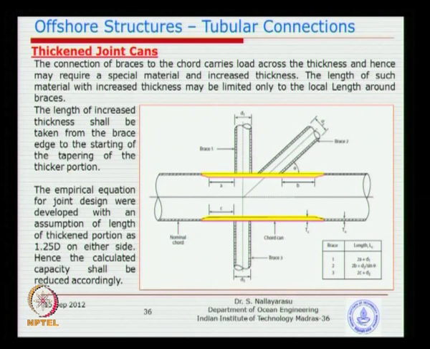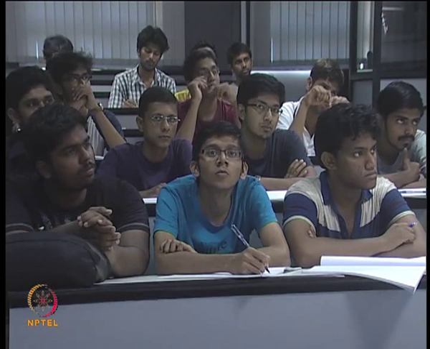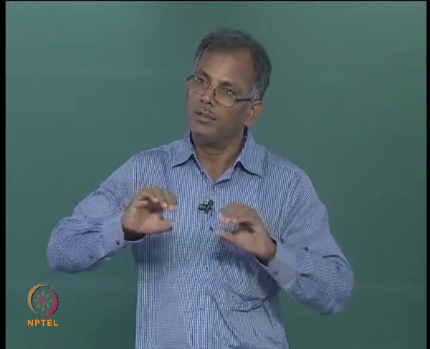As long as the ratio is kept at 1, what will happen? It does not matter whether it is 2.5 d or 3 d, because everywhere it is the same thickness. So, the equation also will converge to a reduction factor of 1, that means no reduction. As long as you play with these two parameters, the longer and thicker, your capacity will enhance, and you can actually do a plot.